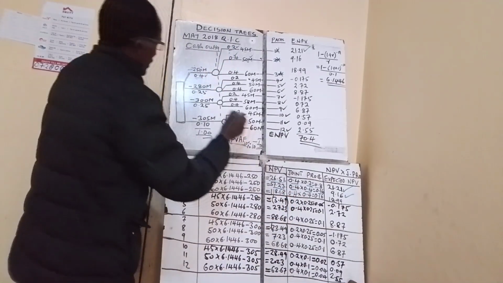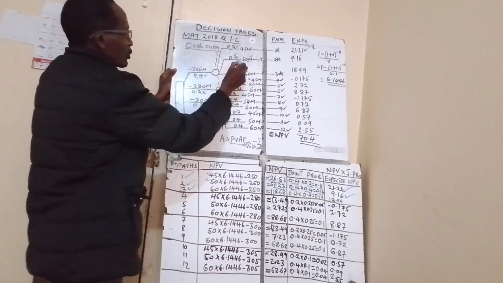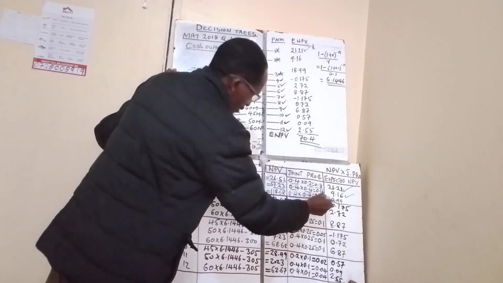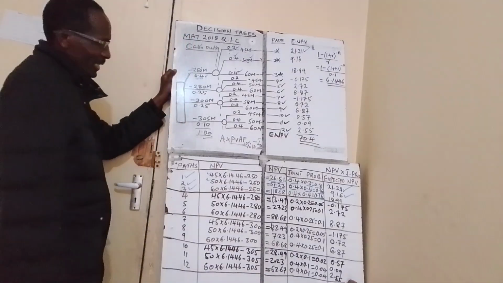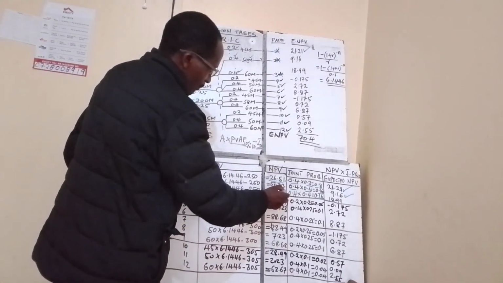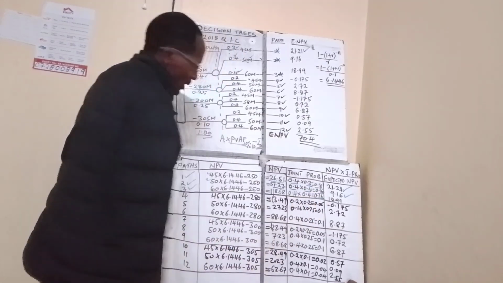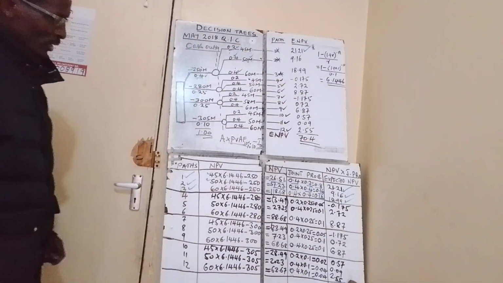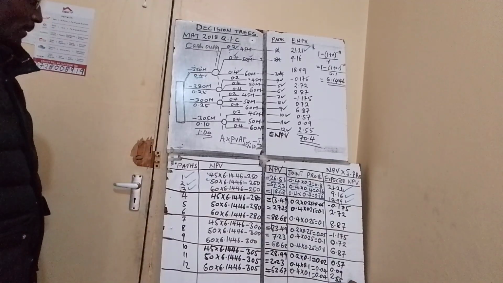Then joint probability 0.4 times 0.4, I get 0.16. Then expected NPV, it will be 118.68 times 0.16, I get 18.99. So those are the workings for part one.